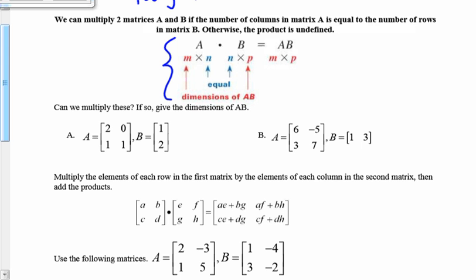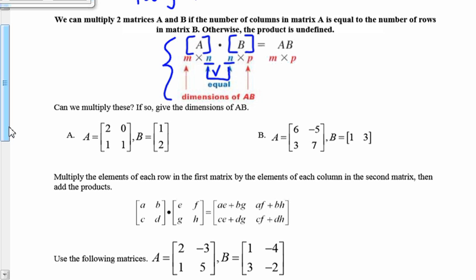If A is a matrix, an array of numbers like we've been seeing, and its dimensions are m by n, and then we're trying to multiply it by this matrix B, and its dimensions are n by p, just coming up with random letters here, if these two numbers are the same, then we can multiply those two matrices.